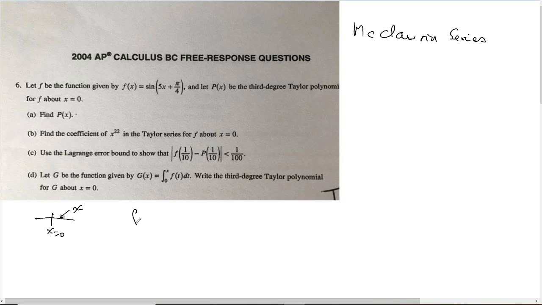This is the Maclaurin series: f(x) equals f(0) plus f prime(0) times x plus f second derivative at 0 over 2 factorial times x to the 2, and so on.